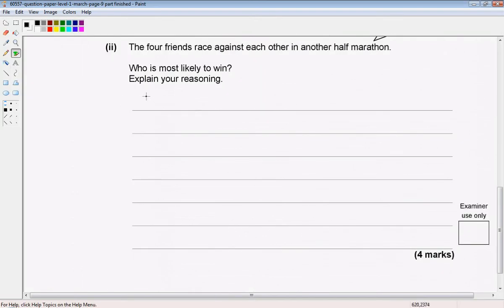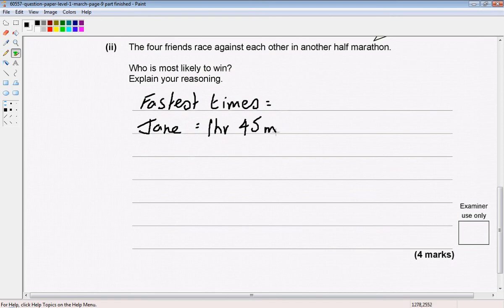So I would write the fastest times equals, so we have Jane, who ran 1 hour and 45 minutes.